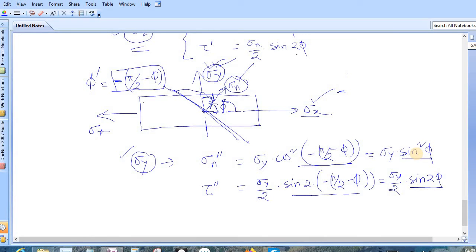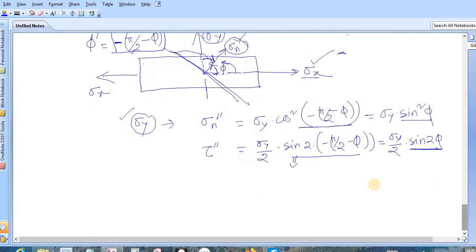Let me check for at least one. Let's check whether this operation is right or not. It will be checked for me also. So sine of 2 times minus pi by 2 minus phi. Minus pi and minus minus plus.